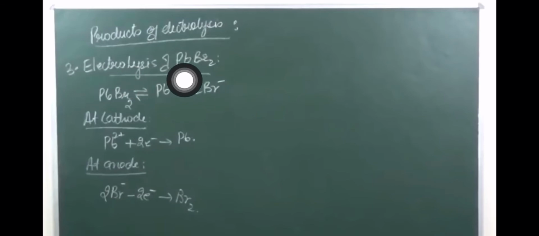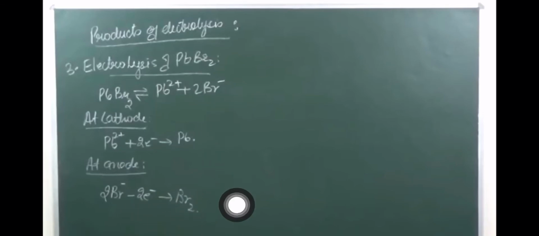Moving further, electrolysis of PbBr2, that is lead bromide. Lead bromide, this is very easy. Same like molten NaCl, PbBr2 will again dissociate into Pb plus 2 and 2 Br minus. So at the cathode Pb plus 2 plus 2 electrons will give Pb, and at the anode 2 Br minus will be losing 2 electrons to become Br2.